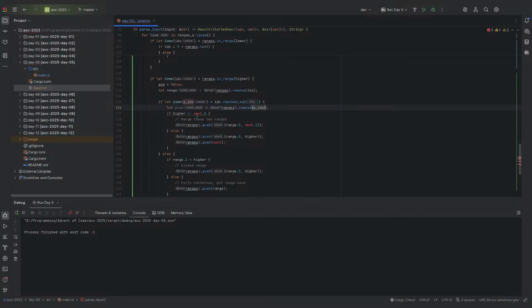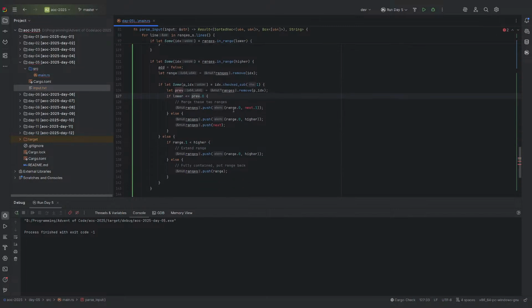Move PIDX. Instead, I want to check if lower is less than or equal to, merge these.